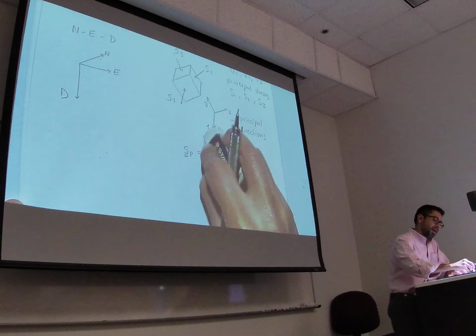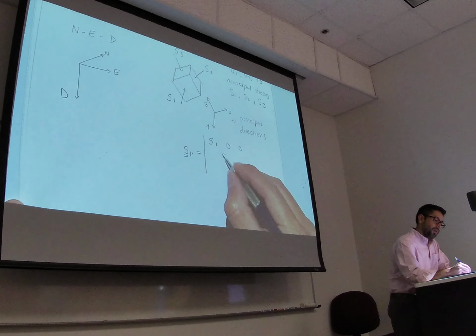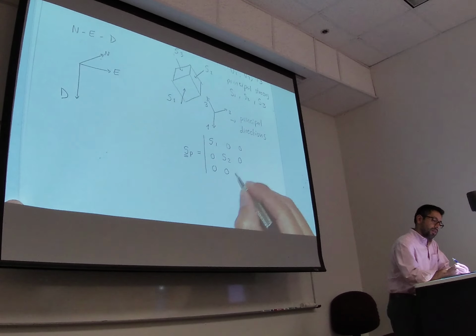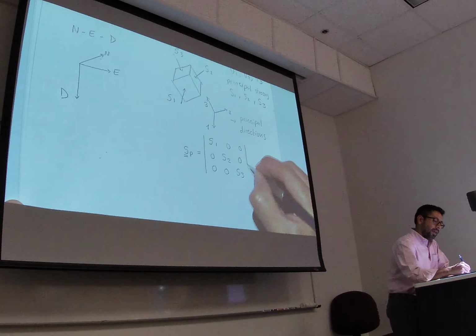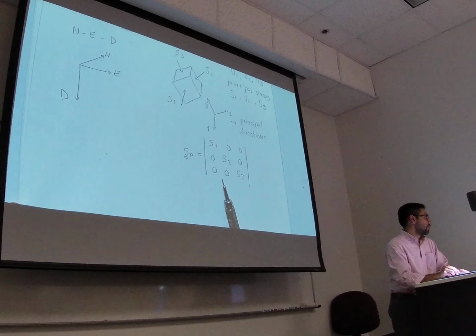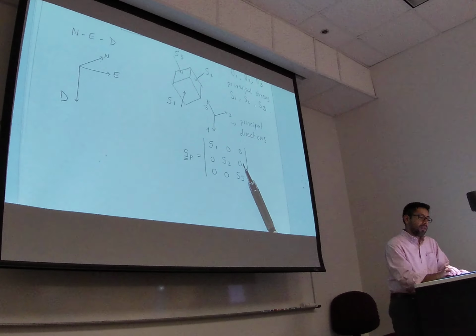I like using sigmas instead of S's, but for this example, I need to do it with S. So, in the coordinate system of the principal directions, the tensor simplifies to this, with non-zero elements in the diagonal and 0 elements in the off-diagonal terms.